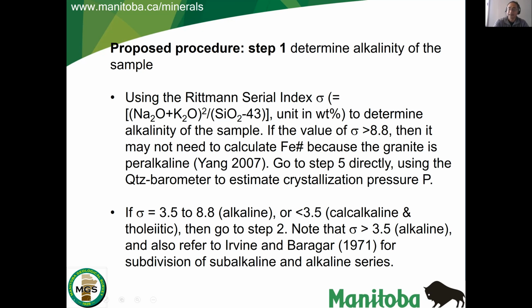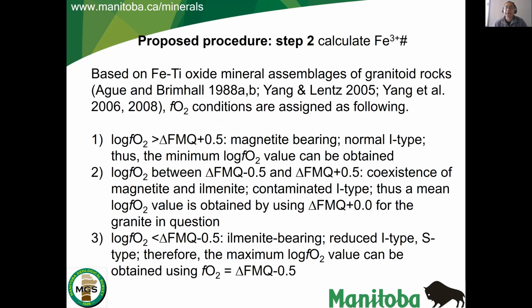as suggested by Irvine and Baragar before. And step 2 is to calculate the ferric iron ratio. And here we have some assumptions based on the iron-titanium mineral assemblages.